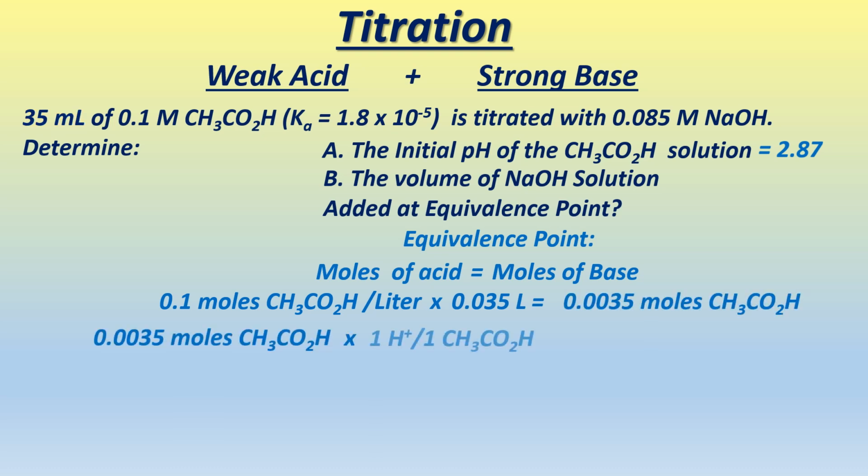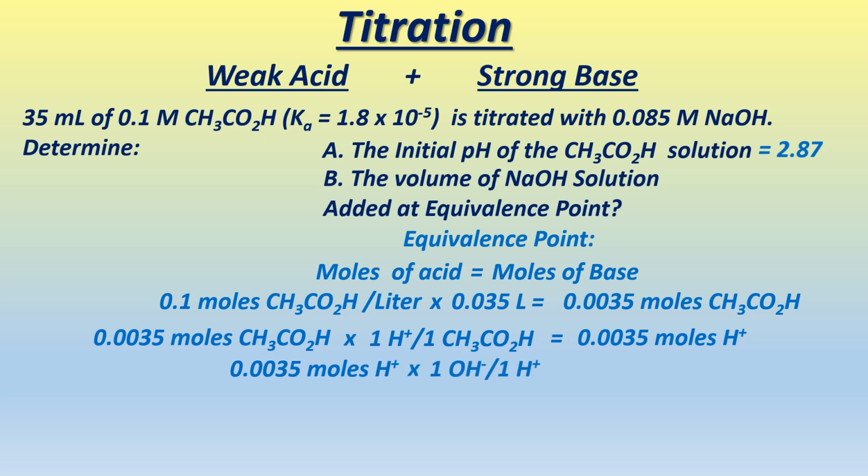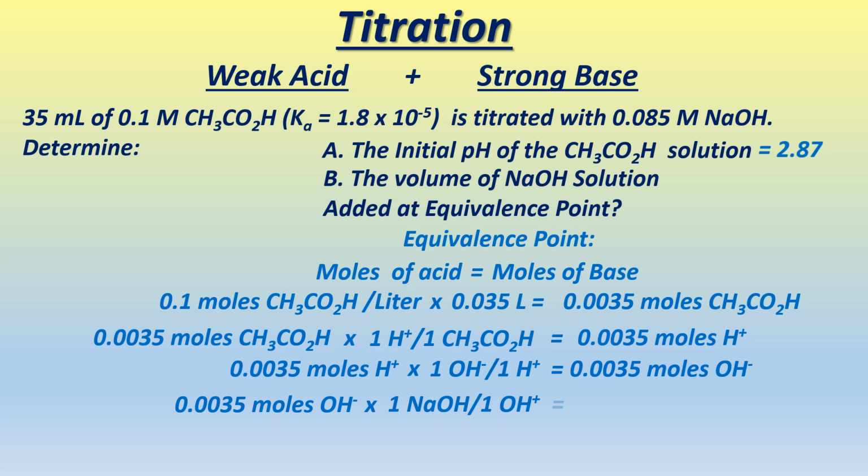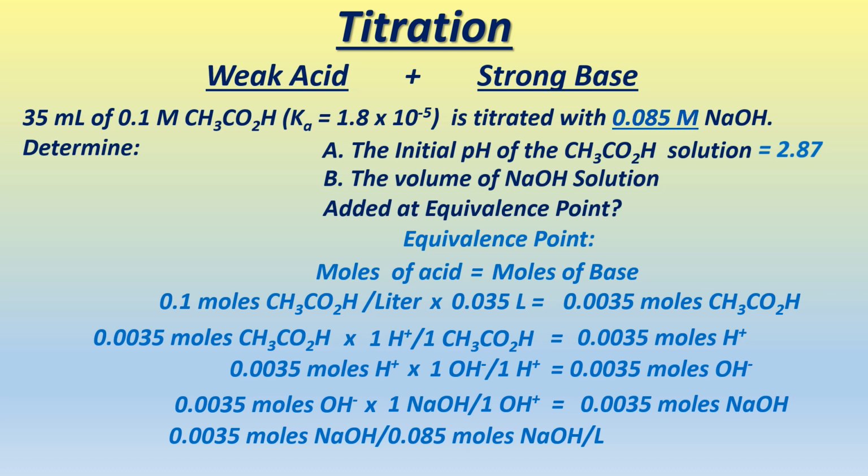I have 0.0035 moles of acid. That will once again require 0.0035 moles of base to react with it, where my sodium hydroxide gives 1 OH minus. So I would need 0.0035 moles of sodium hydroxide. In a 0.085 molar solution, this would mean I would need 0.041 liters or 41 milliliters.